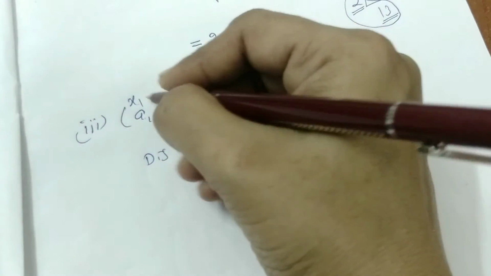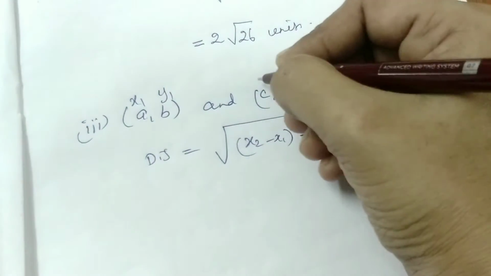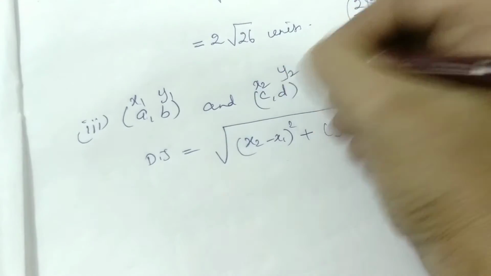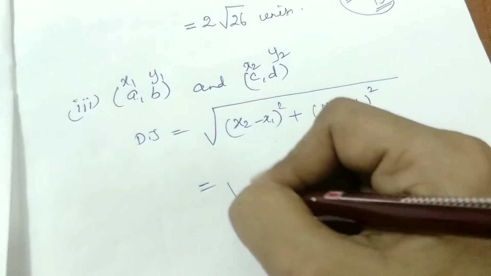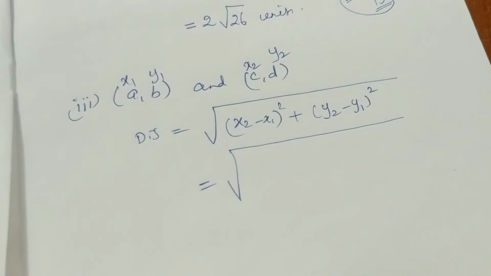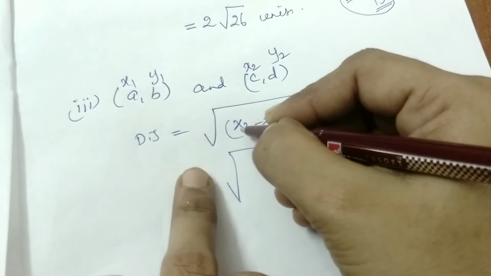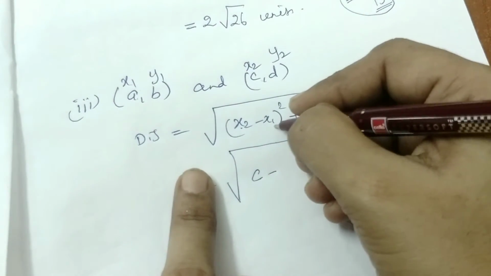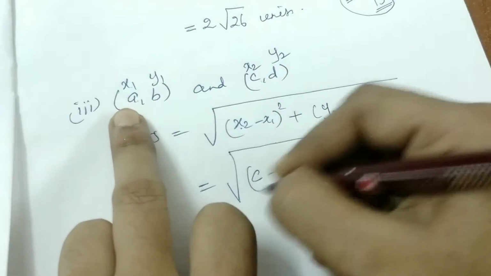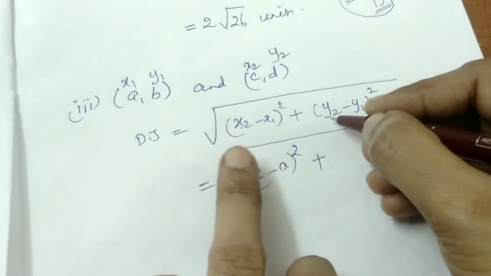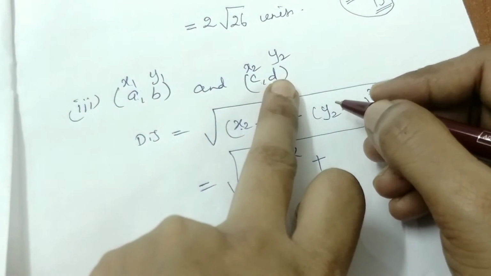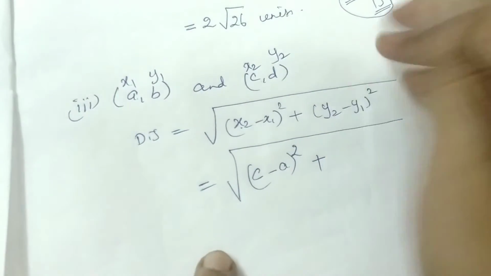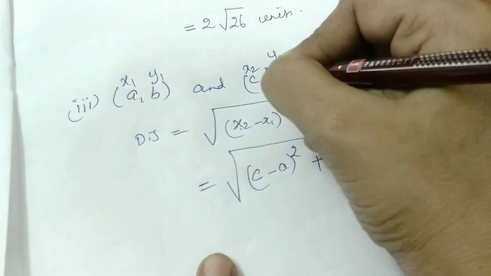Take this A as x1, B as y1, C as x2, D as y2. Substitute all the values for x1, y1, x2, y2. So what is our x2 here? C. Minus what is our x1 here? A. C minus A the whole square. Plus what is our y2 here? D. Sorry, this is our D.